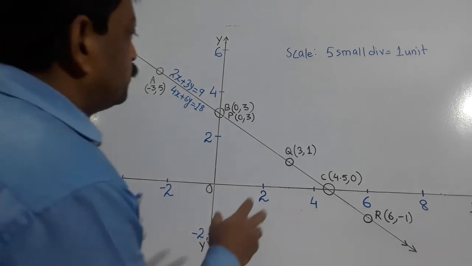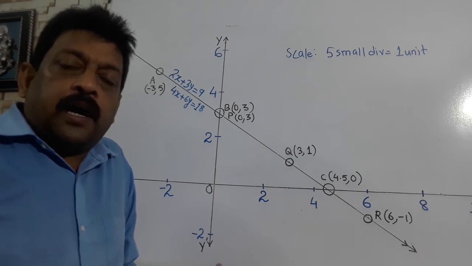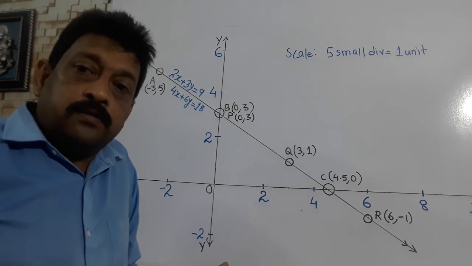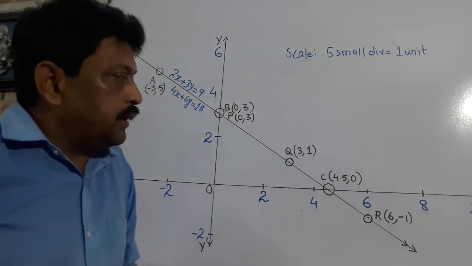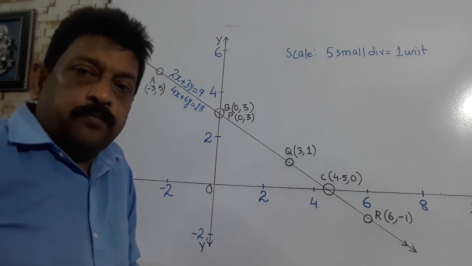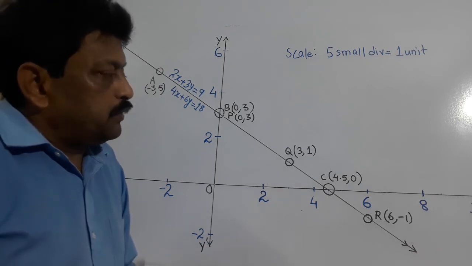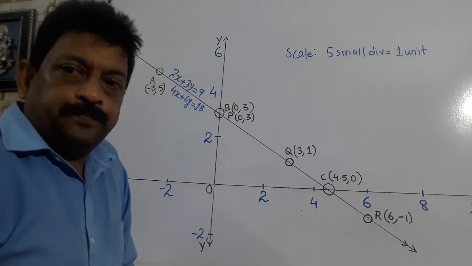Now, hope you have understood the whole thing, how to represent a situation graphically and algebraically. Algebraic representation is already done in lower classes also, like 7, 8, 9. In class 10 also we have to represent situation into algebraic form. One I have already shown you, and then we have to convert the algebraic form into graphical form.